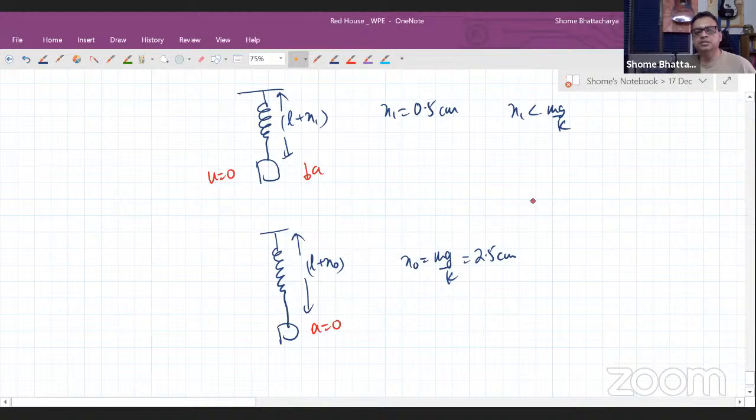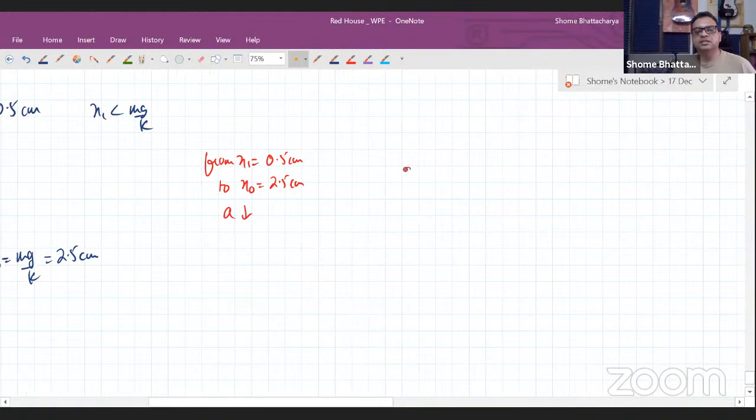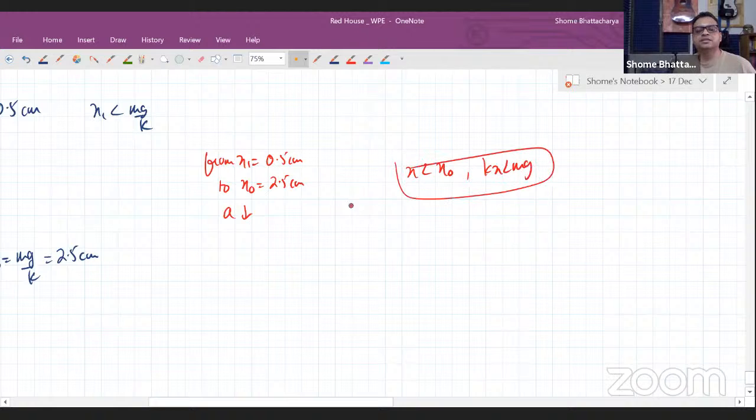So that means from x1 equal to 0.5 centimeters to the equilibrium position 2.5 centimeters, the acceleration is downwards. Basically what I'm saying is when x is less than x naught, kx is less than mg now. So that's why the acceleration is downwards from here to here. So the speed is increasing.